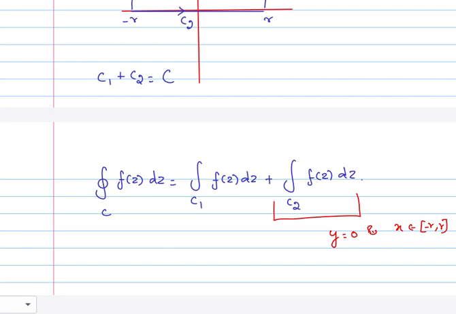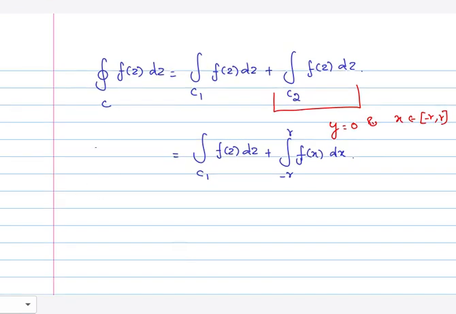So I can rewrite this as the integral over C1 of f of z dz plus the integral from minus r to plus r of f of x dx, because z is x since the y value is 0, and dz I can take as dx.